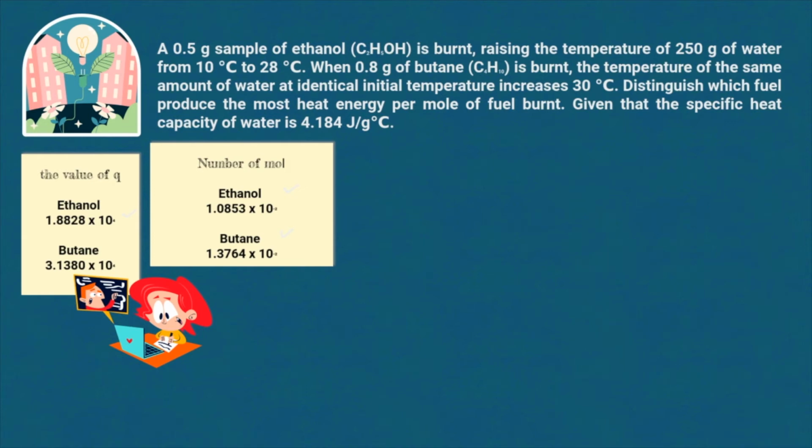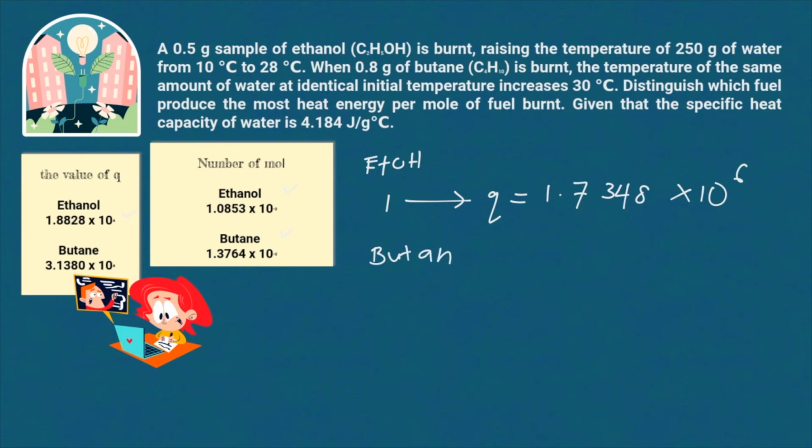From the calculation that we have done, we can say that for ethanol, 1 mole of ethanol will have Q equivalent to 1.7348 times 10 to the power of 6, while for butane, for each mole, the Q shall be equivalent to 2.2799 times 10 to the power of 6.